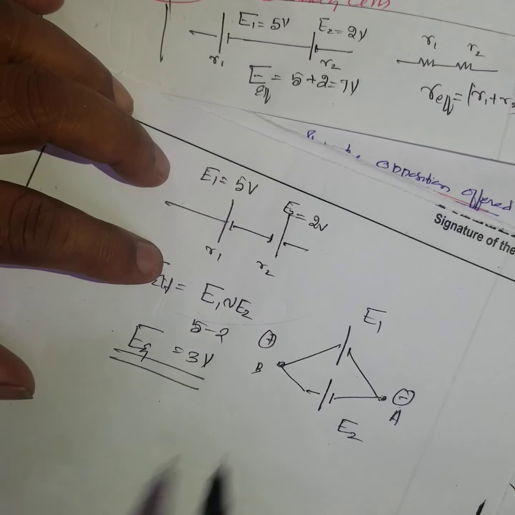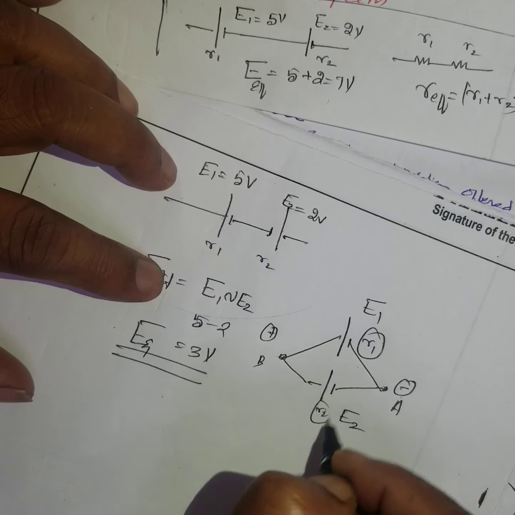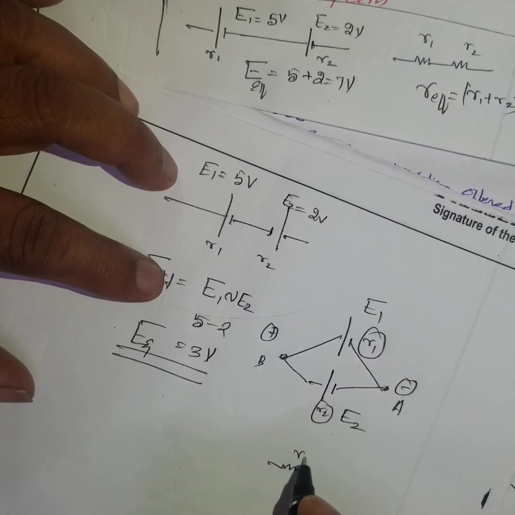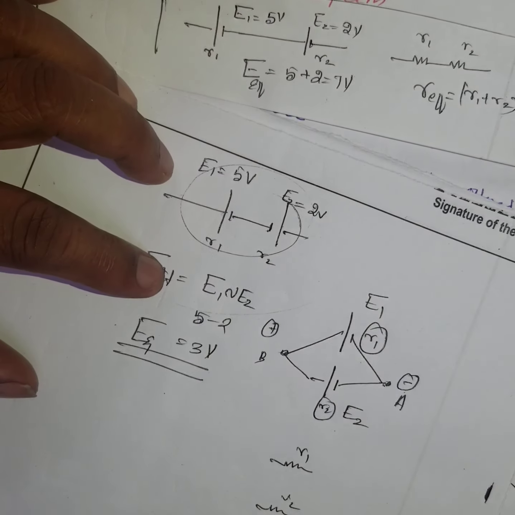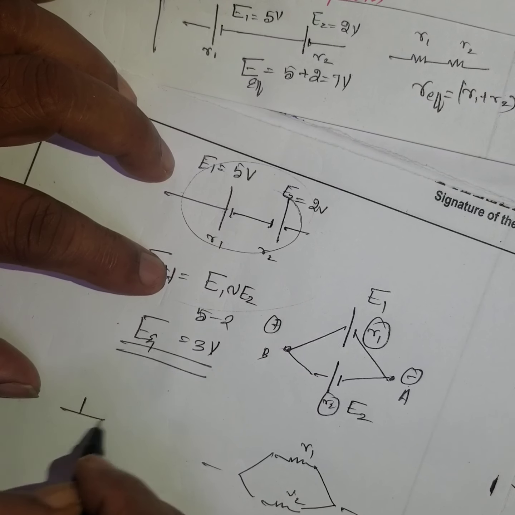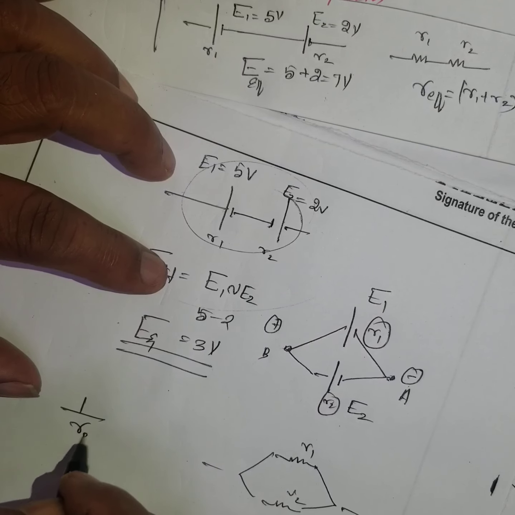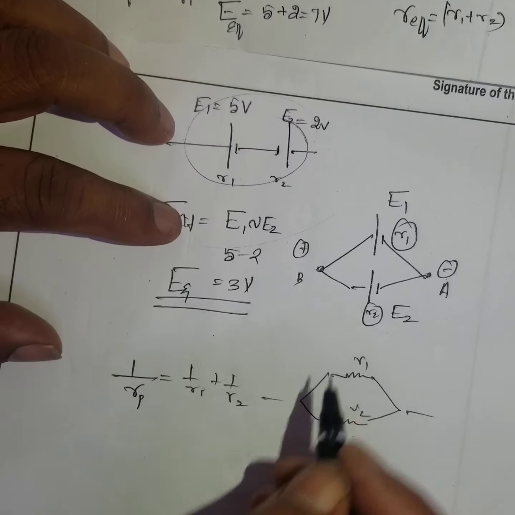Then again, what is the resistance? This is R1 and R2. Here two internal resistors R1 and R2 are in parallel. Though it looks like series, it is parallel only. Then what is the effective resistance here? The reciprocal of parallel is 1 by R1 plus 1 by R2, right?